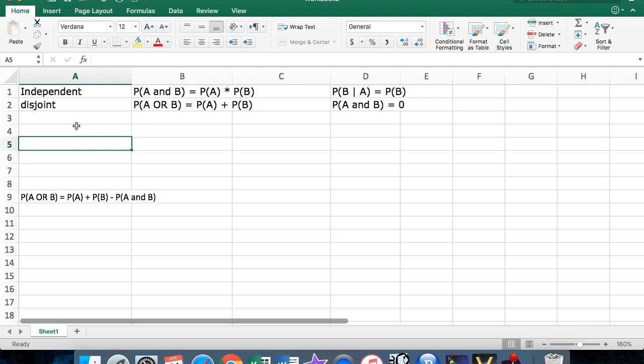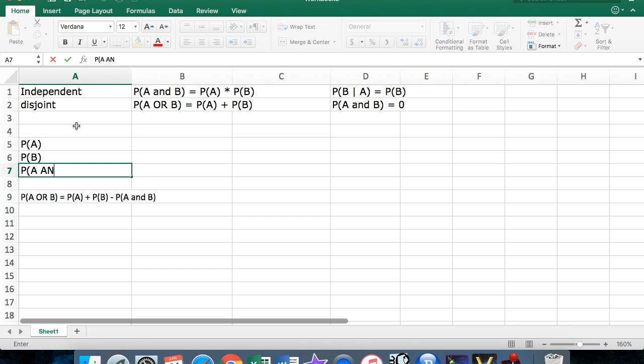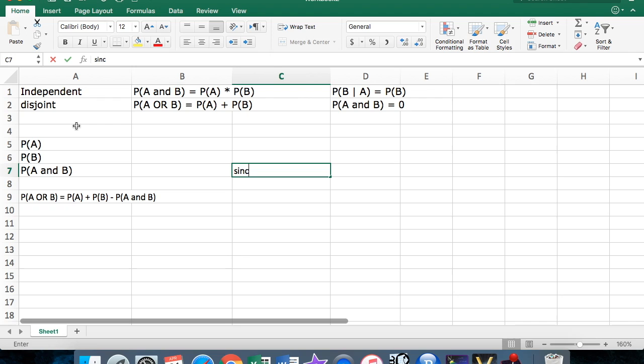So if we have our probability of A, we have probability of B, then we need probability of A and B. Okay? So now, since independent, probability of A and B is simply equal to probability of A times probability of B. Right?